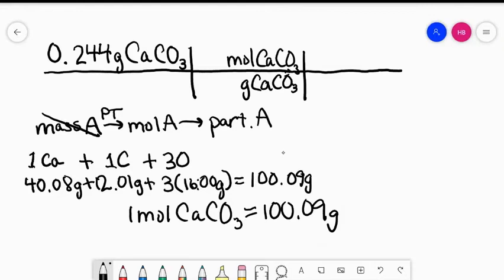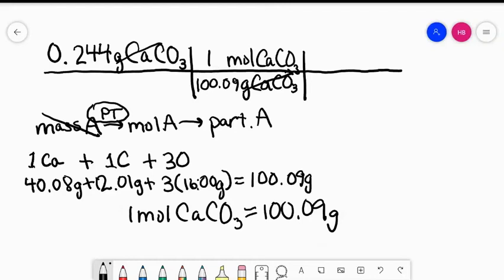So that's the unit that's going to go on the top, moles of calcium carbonate. If you check this conversion factor out, you will see that the unit of moles always gets the number 1. That's because the periodic table of the elements tells us how many grams there are in 1 mole. That's the information I can get from the periodic table of the elements. And the number that goes with grams is always the numbers that came off the periodic table of the elements. Now my grams will cancel, and I'm left with units of moles.